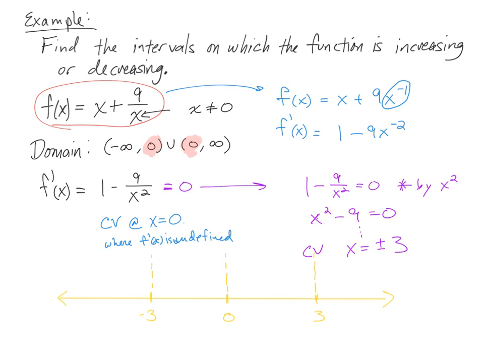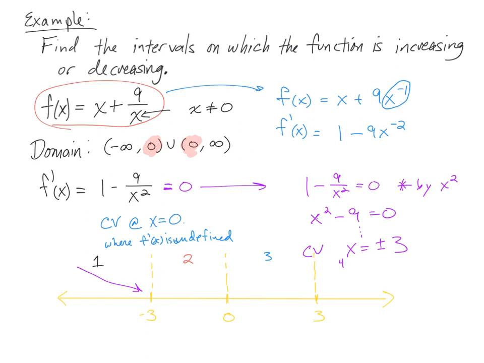So over here I have interval number 1, over here I have interval number 2, and that's between -3 and 0. Over here I have interval number 3 between 0 and 3, and over here I have interval number 4 from 3 to infinity. Now it is our goal to figure out whether a function is increasing or decreasing on this interval.